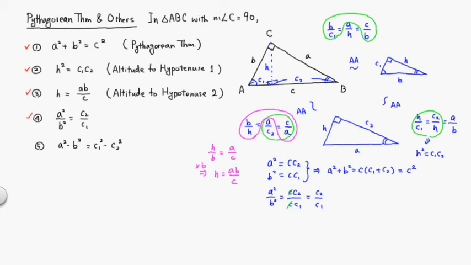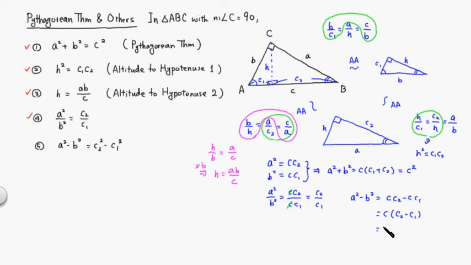Then I think I have this one backward also. This is going to be c2 squared minus c1 squared. Again, we can use these two. a squared minus b squared is equal to c times c2 minus c times c1, and factor out c, so c times c2 minus c1.